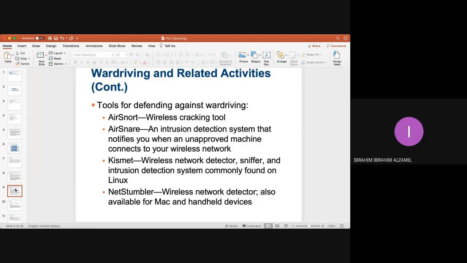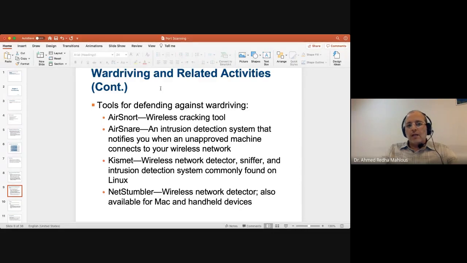Yes. Okay. Tools that are used, whether you are a hacker trying to get information about a wireless network, or a defender, you will use the same techniques. Sometimes you will use the same tools. There are many applications that can be used by a hacker and a defender at the same time.